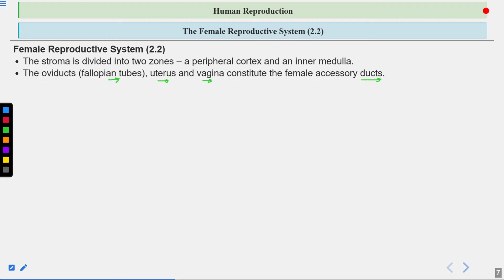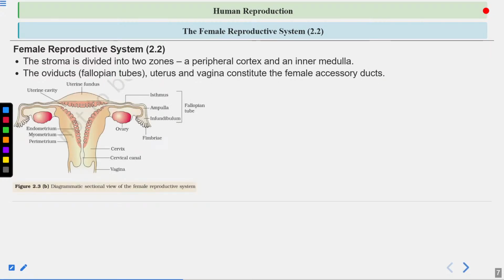Similarly, in case of females, the oviducts, uterus, and vagina constitute the female accessory ducts. So again, the role here is the same: the transport of the female gamete. Clear? So there are 2 fallopian tubes, one arising from each ovary.